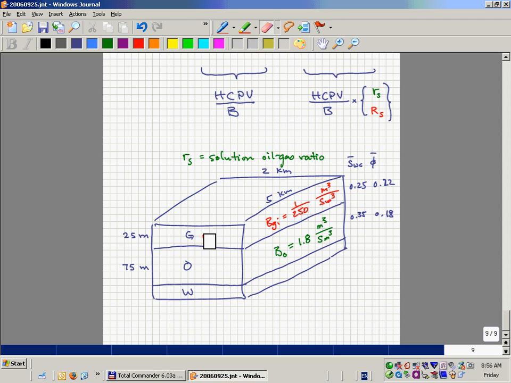I'll give you a gas-oil ratio instead. And I'll give you 600 standard cubic meters per standard cubic meter. And I'll give you an RS down here, which is equal to 400 standard cubic meters per standard cubic meter.